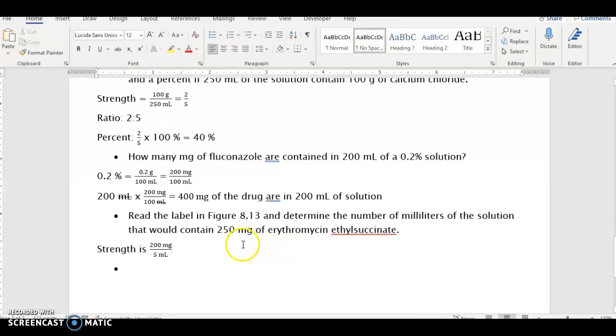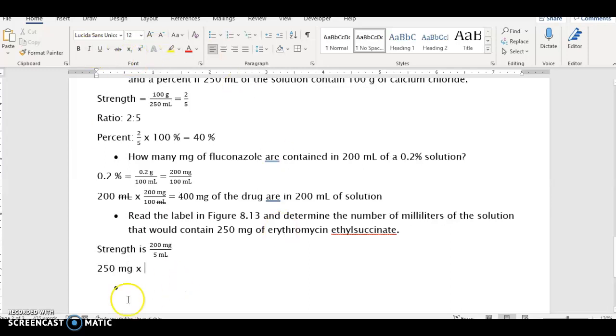So we want to go from 250 milligrams into milliliters. We want to know how much of the solution will have 250 milligrams of the drug, perhaps so we know how much to administer to the patient. We're going to start with the 250 milligrams, which is perhaps part of a drug order to give to a patient.